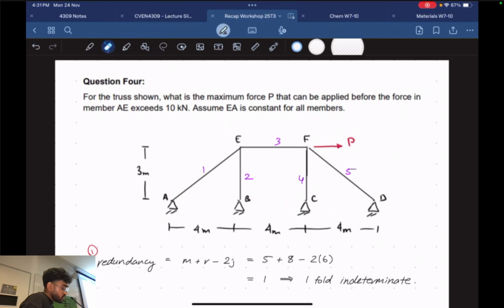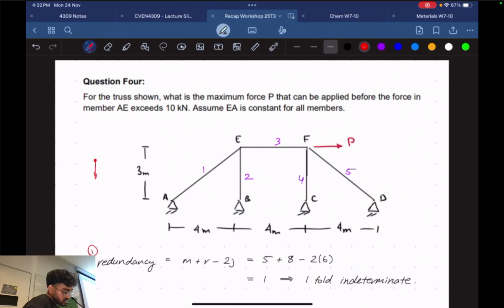So I've released member 5, okay? However, that's because it makes it easier for me. In this case, you can release any member you want. If I were to release member number 1, it would have the same effect as releasing member number 5.